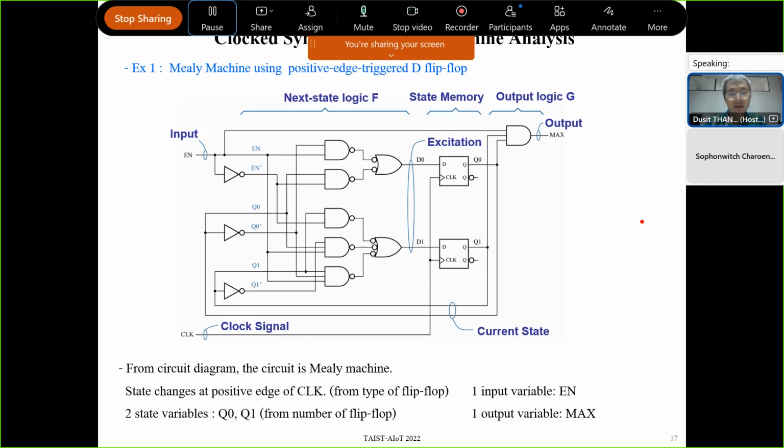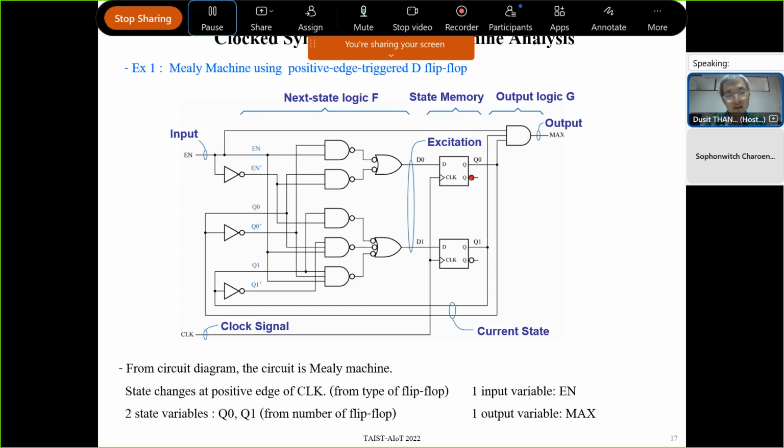To analyze a combinatorial circuit, normally we want to know how the output relates to the input, right? But for a state machine, of course, you need to know the output value, but that's not enough.